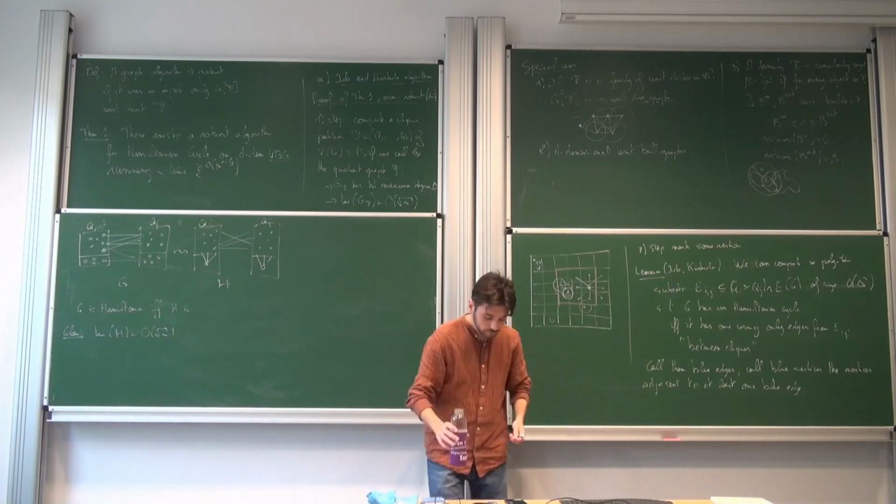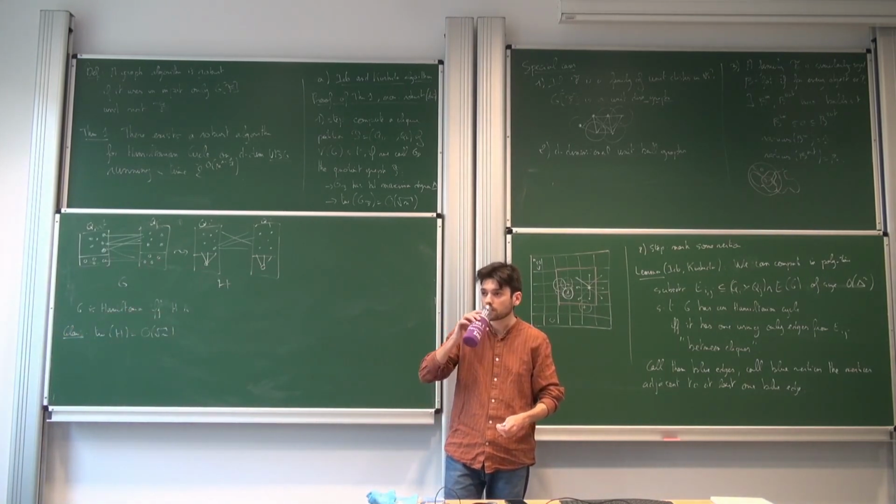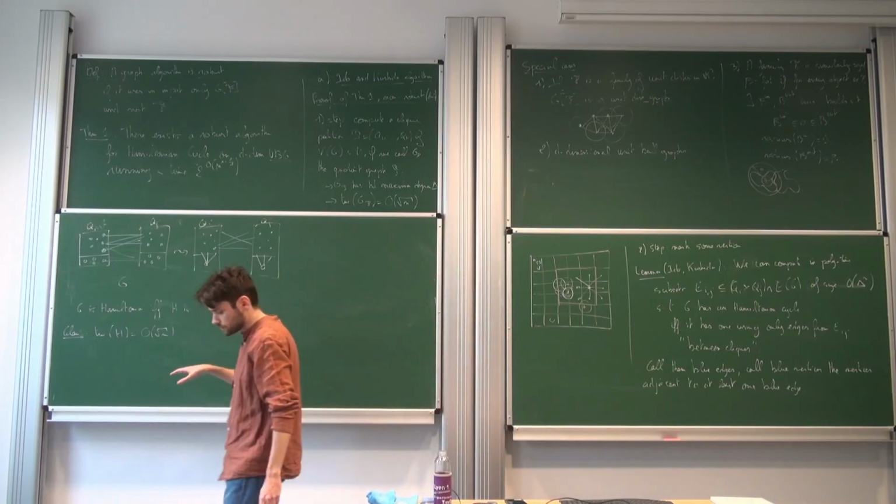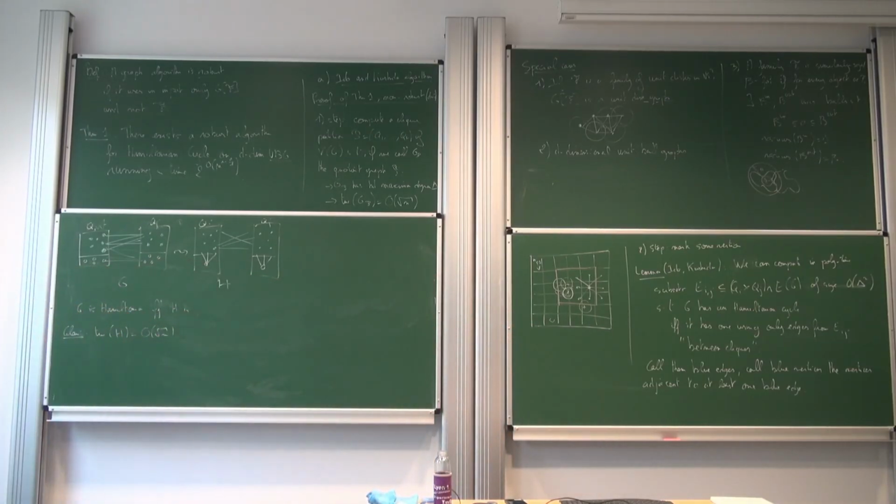So just a small remark. This algorithm was from 2010, something like that. But quite easily we can use the same method to, for example, solve maximum independent set in this graph in subexponential time. How can you do it?